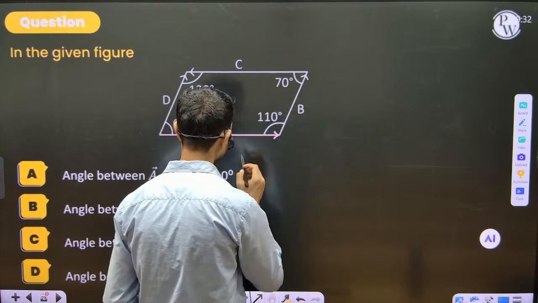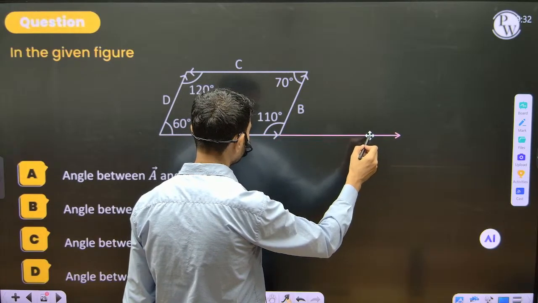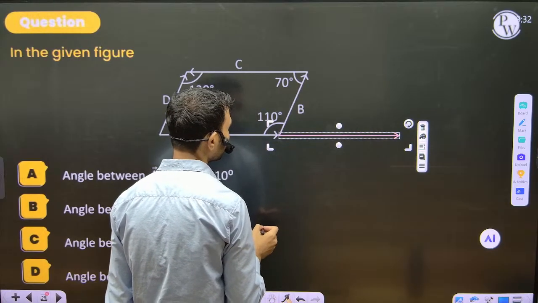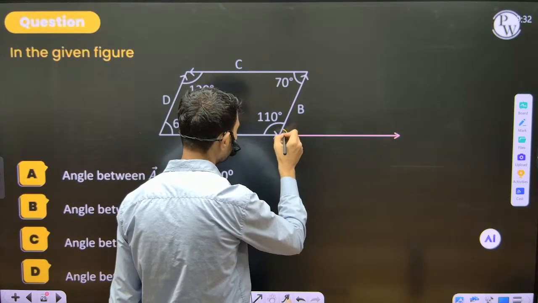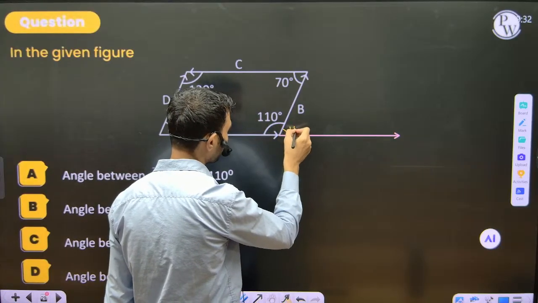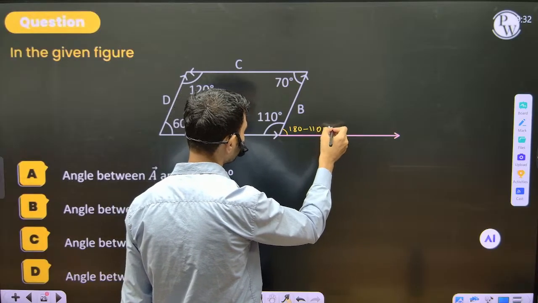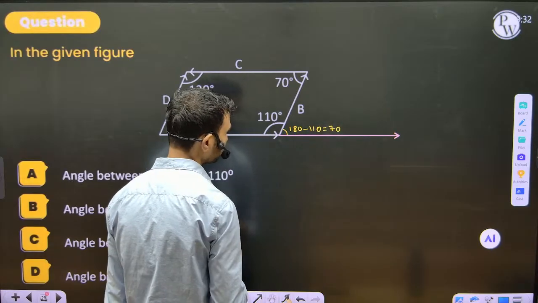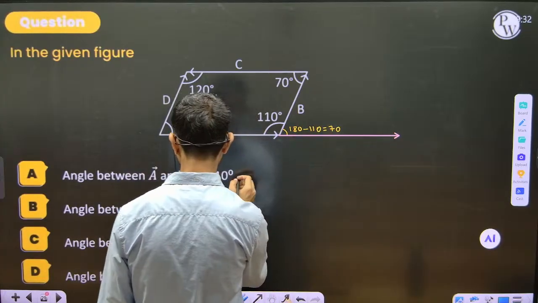So this is the A vector and we shift it parallelly. Okay. So how much is this angle? This is 110. So this should be 180 minus 110, which is 70. But they are saying it is 110. That's wrong.